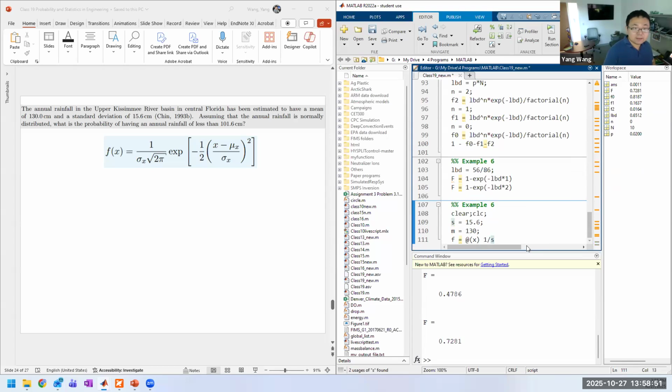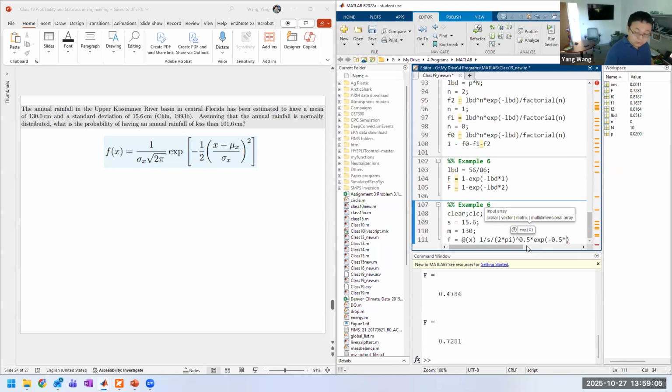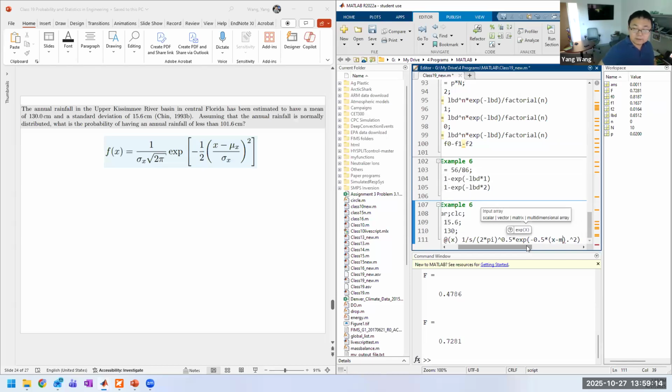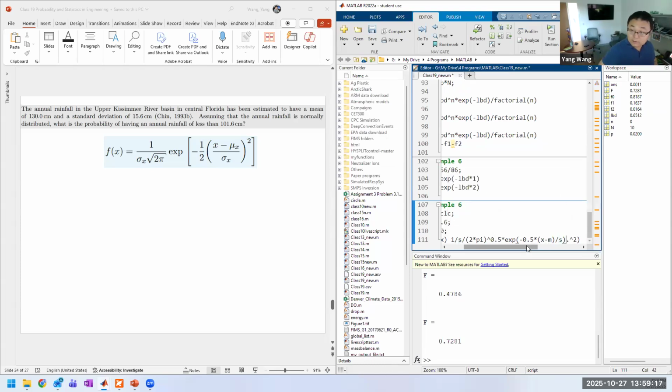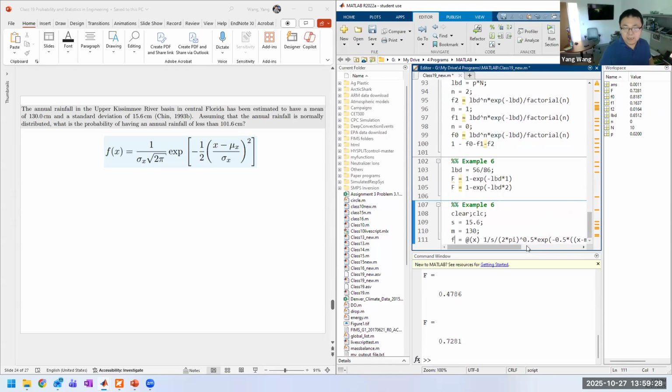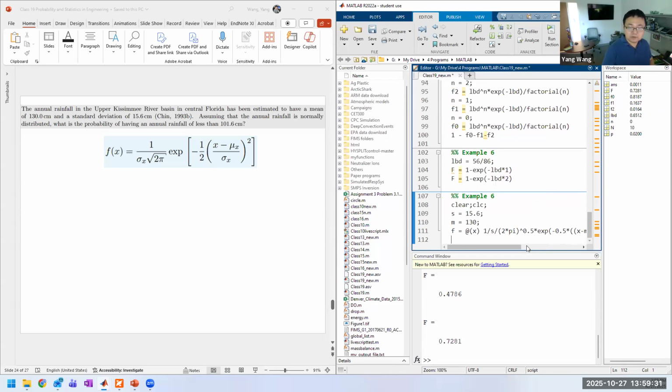So it's 1 divided by s divided by 2 multiplied by pi to the power of 0.5, multiplied by exponential of minus 0.5 times x minus m, divided by s, to the power of 2. This is the f function, and then we integrate it.